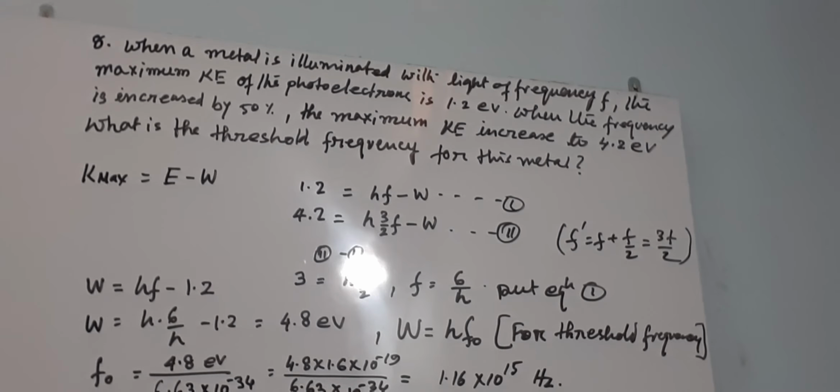And we know that work function equal to h f naught, f naught will be the threshold frequency. So, f naught we can calculate out of it, that is 4.8 in electron volt over 6.63 into 10 to the power minus 34. Solving this, it can give us 1.16 into 10 to the power 15 hertz.